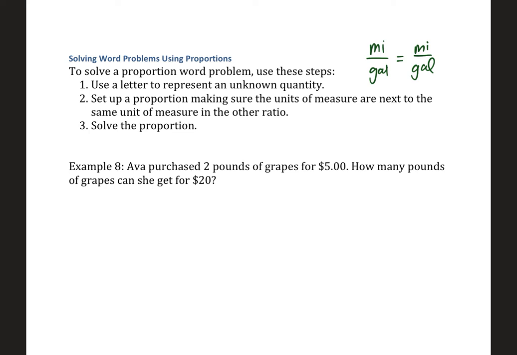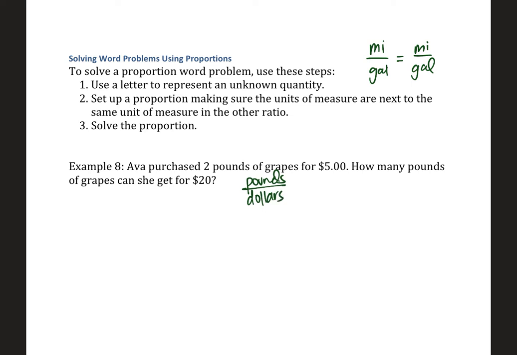Example 8, Ava purchased 2 pounds of grapes for $5. How many pounds of grapes can she get for $20? So for this one, it's going to be pounds on the top, so pounds of grapes. And for the bottom of my proportion, of each ratio, it's going to be the money, so dollars.